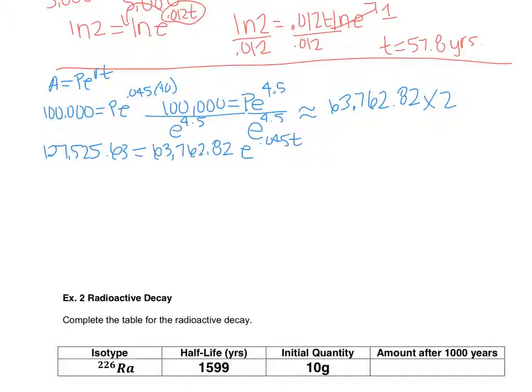So again, because what we're looking for is in the exponent, we're going to isolate our exponential. So I'm going to divide out the $63,762.82. And of course, we're going to wind up with 2.